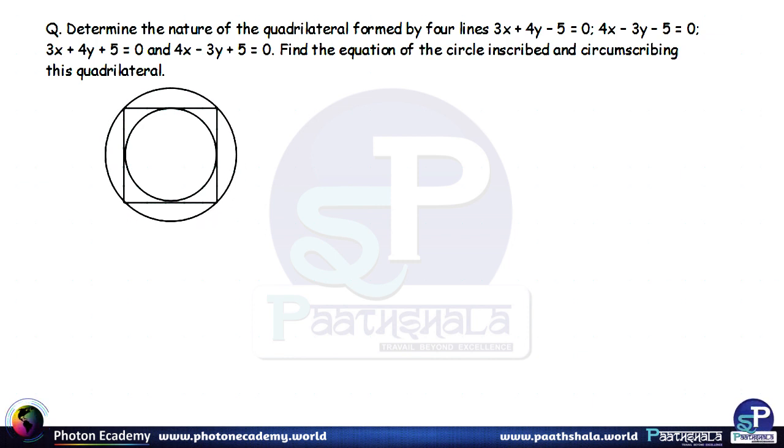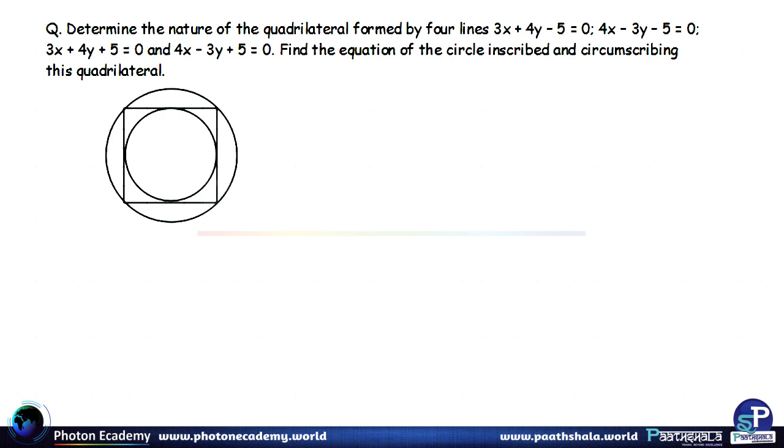And this will be the circle circumscribing. Alright. So in this figure, the given lines are in this way, right?